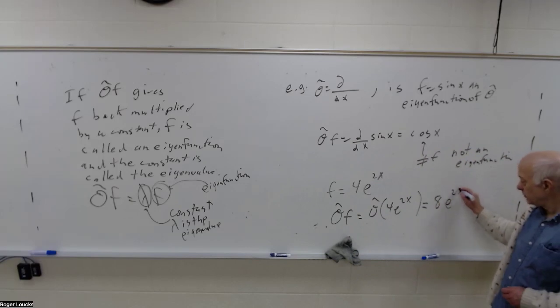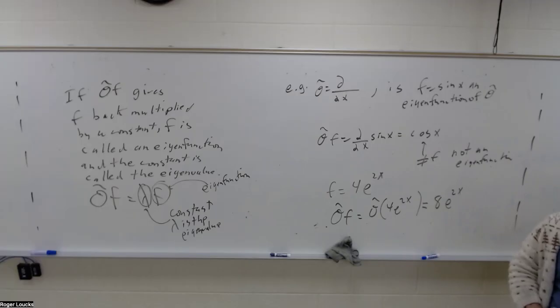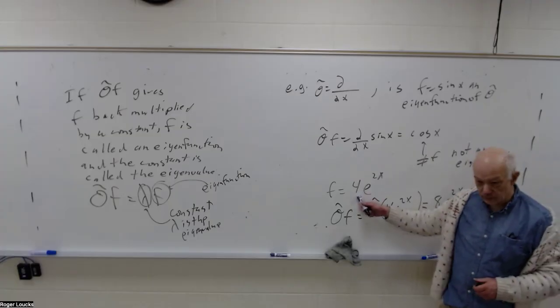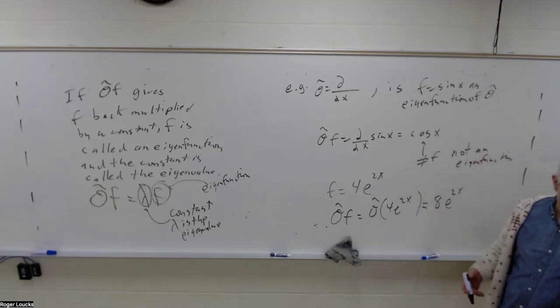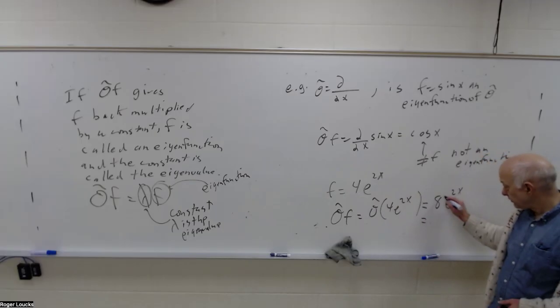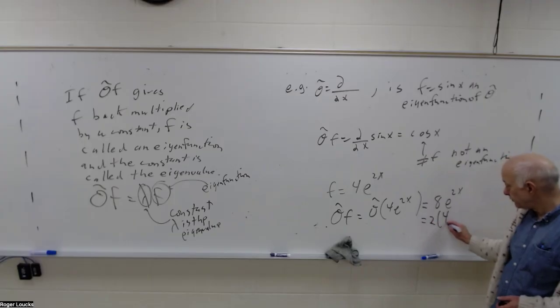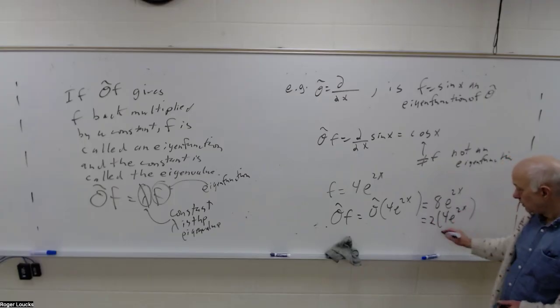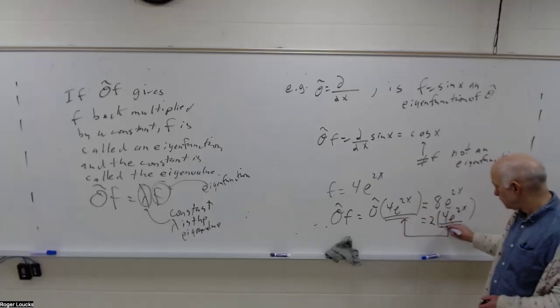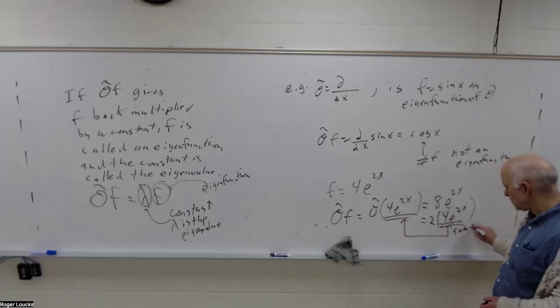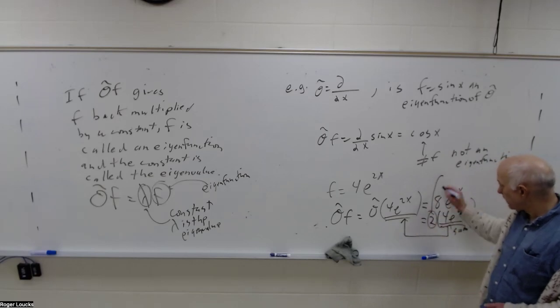What's the eigenvalue? It's 2. Why isn't it 4? Because 4 is just part of the original function f. I wanted to illustrate the point: this 8 is really 2 times 4e to the 2x. These are the same, and this right here is my constant.